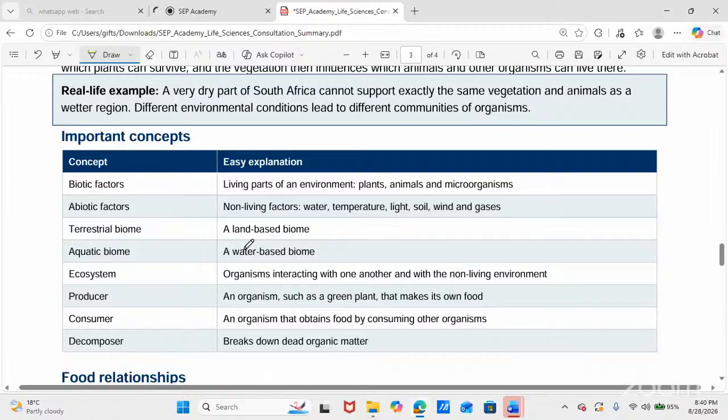So we are going to look at the important concepts under this topic, which are biotic, abiotic, terrestrial, aquatic, ecosystem, producer, consumer, decomposer. So when we talk about biotic factors, we are talking about living parts of an environment. And I want to clarify something, that a plant is a biotic factor, because now you all know that a plant takes in what?